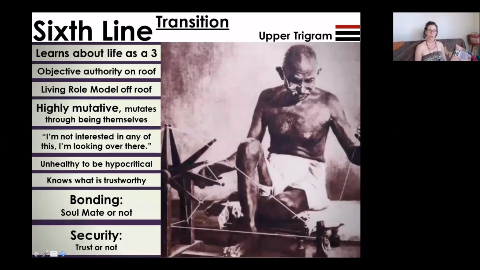What better example than Gandhi? Gandhi is someone whose example is so memorable, so mutative, so penetrating that we can't forget who he was and how he lived.